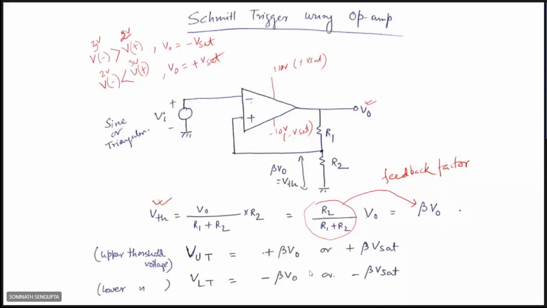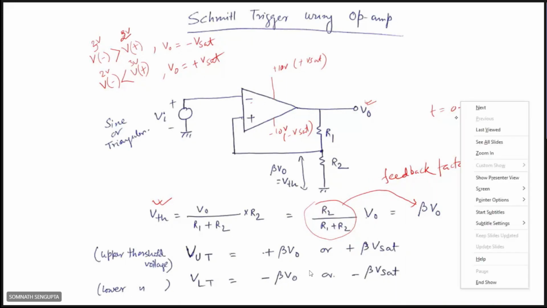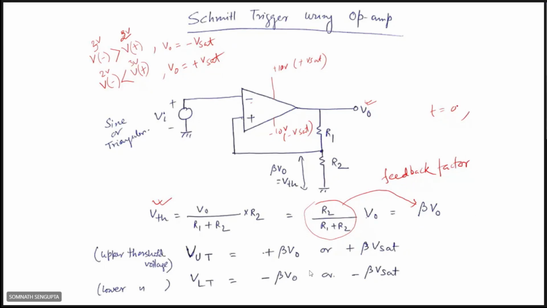Now to understand the operation, first you have to assume some state at the output. So initially we assume that at t equal to 0 minus, V0 is equal to plus Vsat.